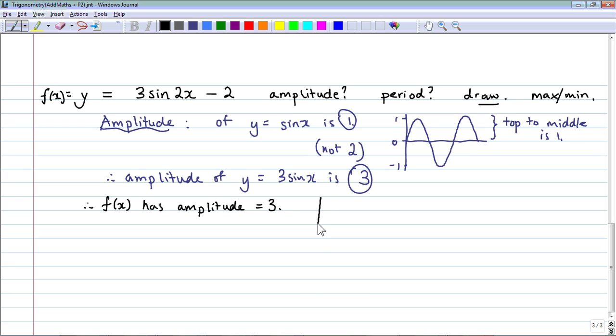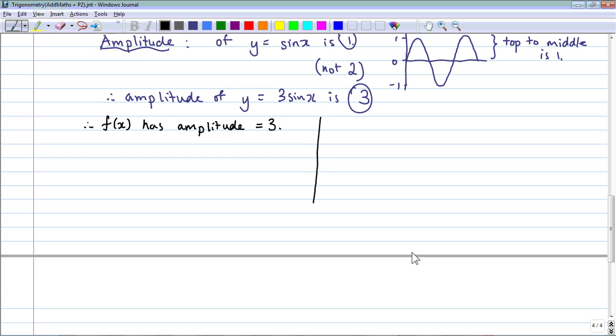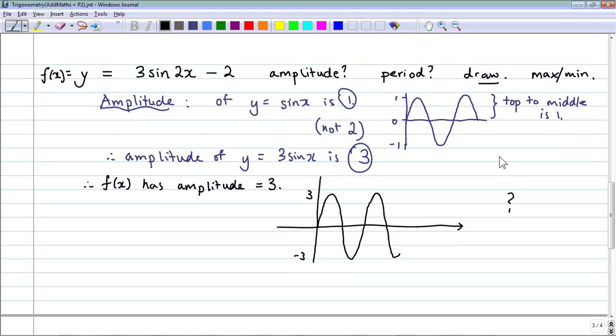So if we were to draw f of x, I'm just going to draw this quite roughly. Does it mean that f of x looks like this?